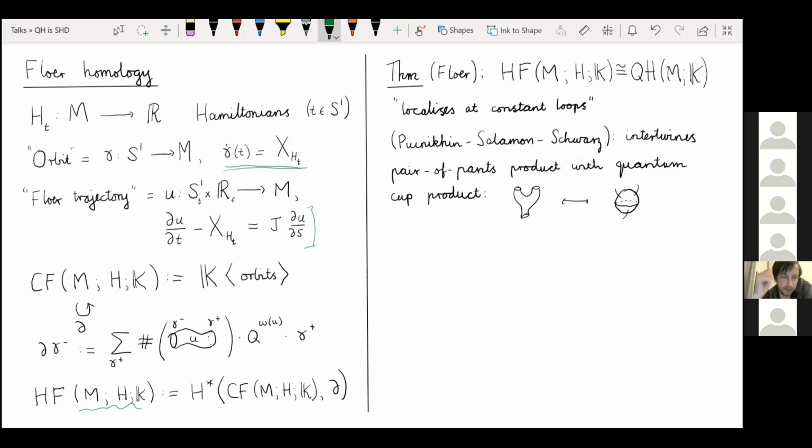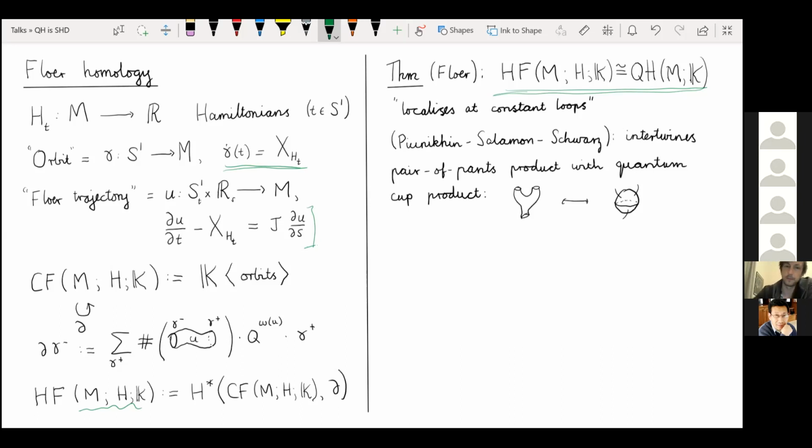Floer proved that this is independent of H, and in fact isomorphic to the quantum cohomology of M. You can say this is because the Floer cohomology localizes at the constant loops somehow. And this result of Piunikhin, Salamon, and Schwarz shows that this isomorphism intertwines the pair-of-pants product on Floer cohomology with the quantum cup product, which I just described on quantum cohomology.